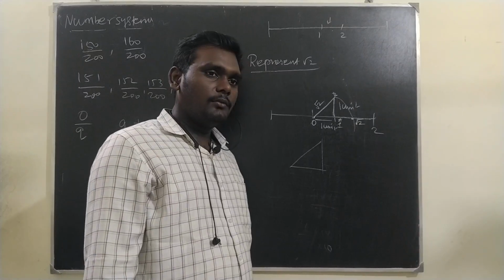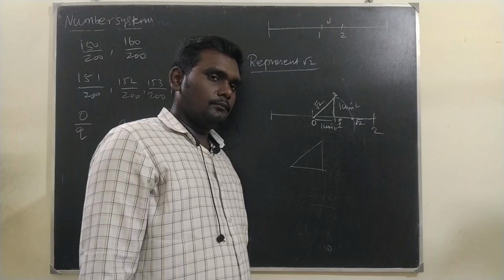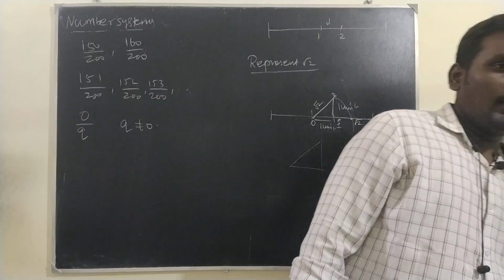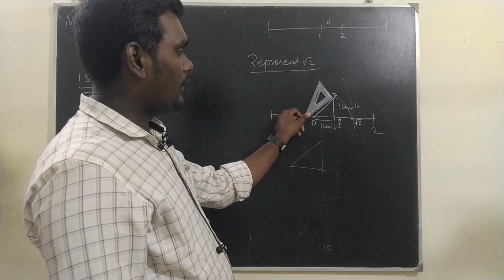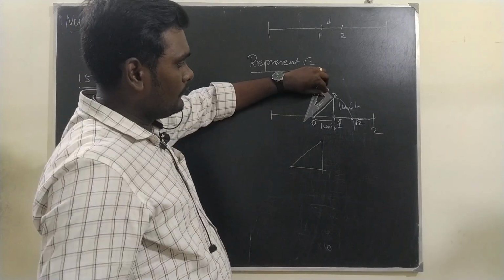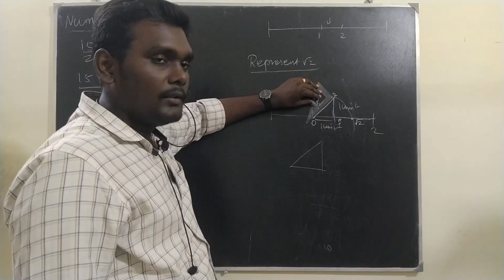How can we do it? Can anyone remember? Root 2 as the base, and then again we have to draw a perpendicular line. See, place the set square again along the line root 2. Do you know how to paste it? See, placed it.